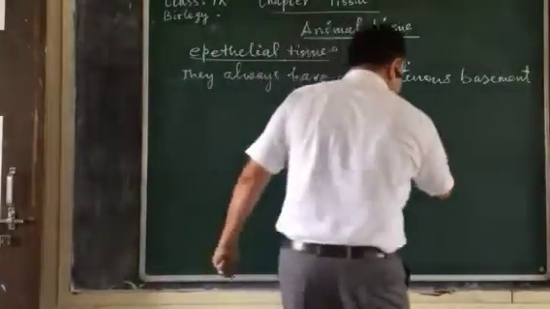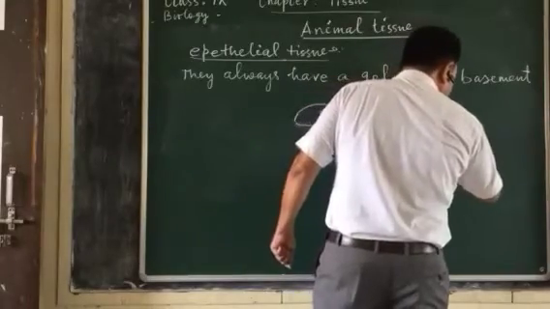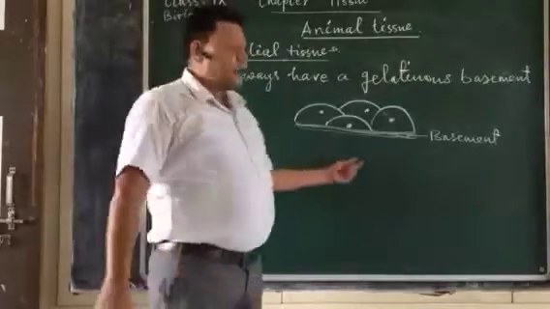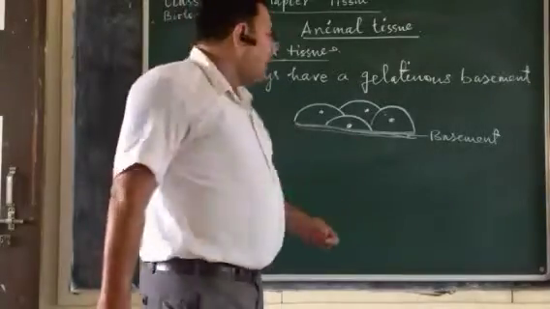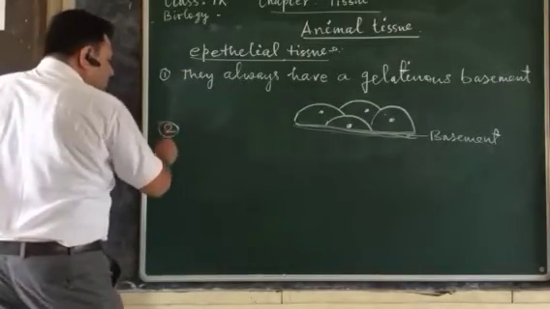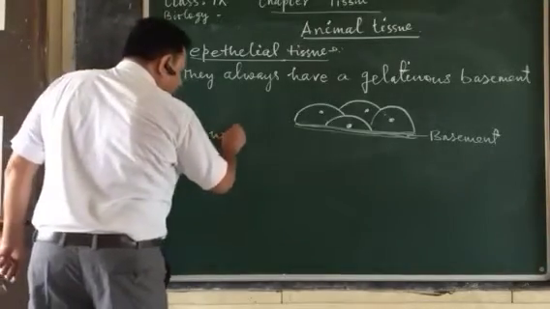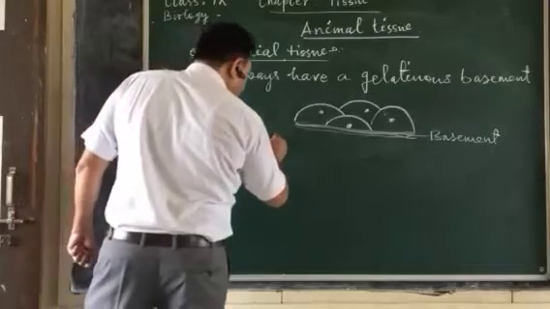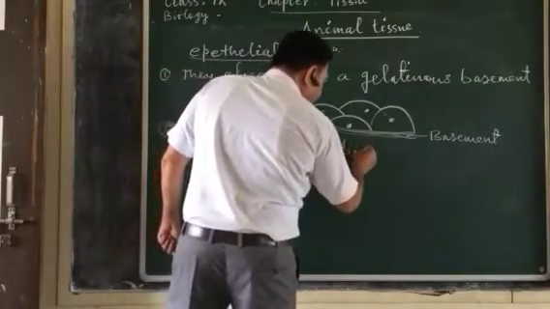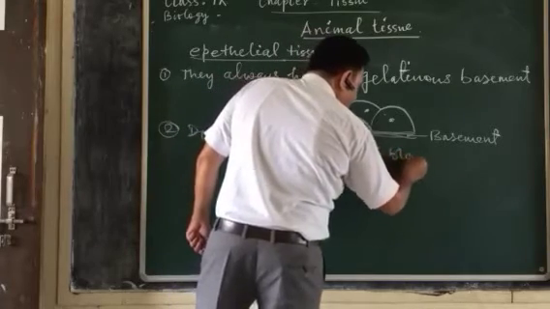This is the basement. This basement provides better anchorage. Secondly, epithelial tissue do not have any direct blood supply.